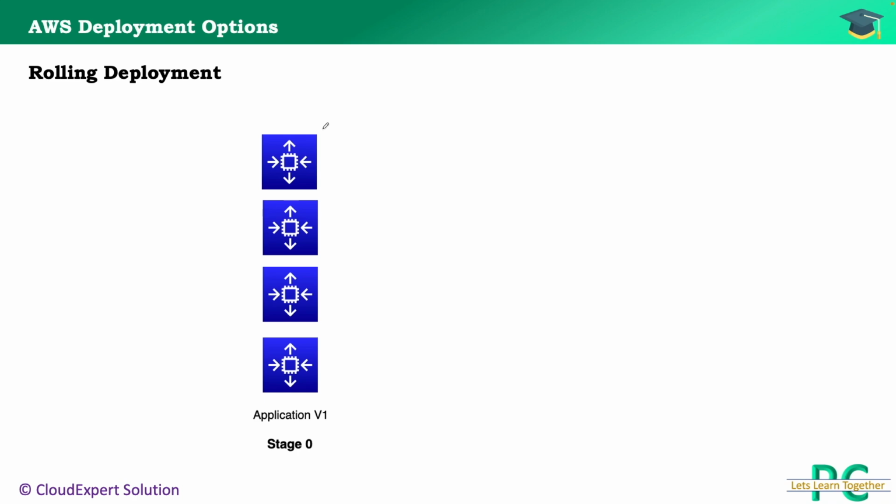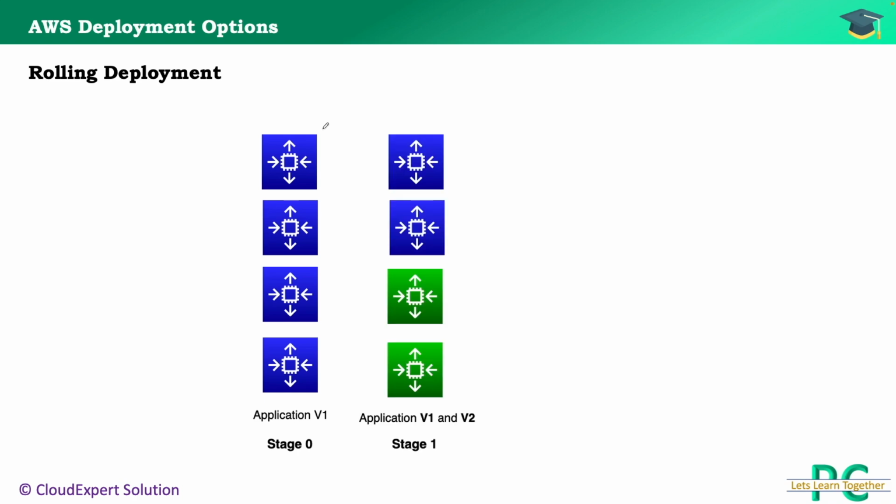Next, rolling deployment. Now, unlike in-place deployment, in rolling deployment, all the applications will not be stopped at a time. If you see at stage 0, all the 4 EC2 instances were with application version 1. In stage 1, you can configure the batch size. You can configure either 25% or 50% of your infrastructure. In this diagram, we have considered 50%.